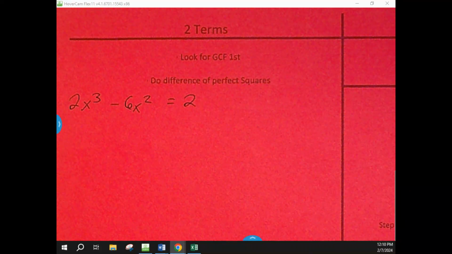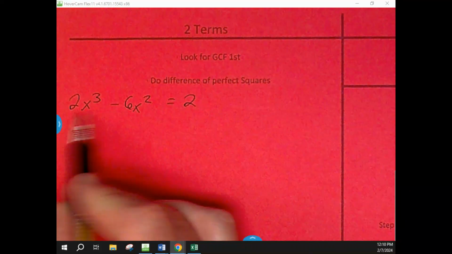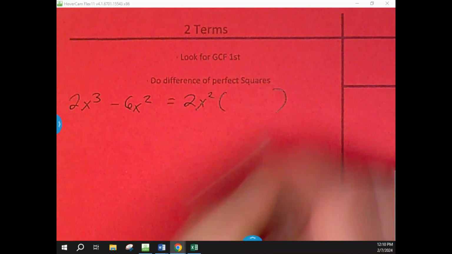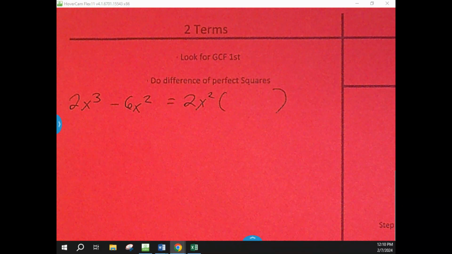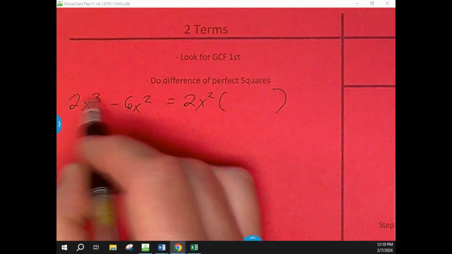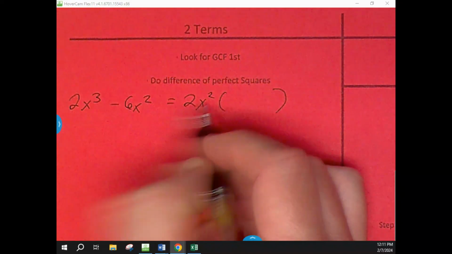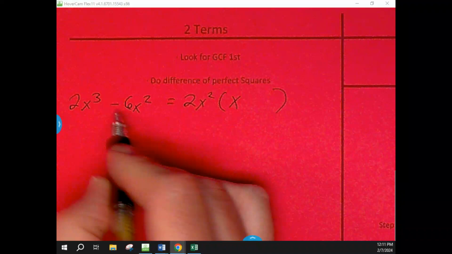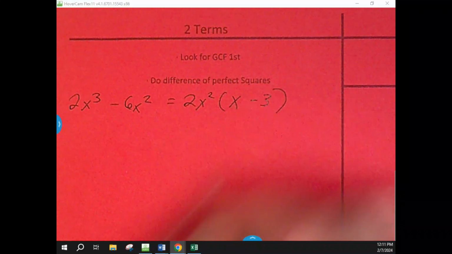And again, we're going to take out the smaller amount of x's, so x squared. So that would make 2 divided by 2 be 1. Take out 2 of the 3 x's, that'll leave us with an x. And then we're doing 6 divided by 2 to make that a 3. I took the x's there.